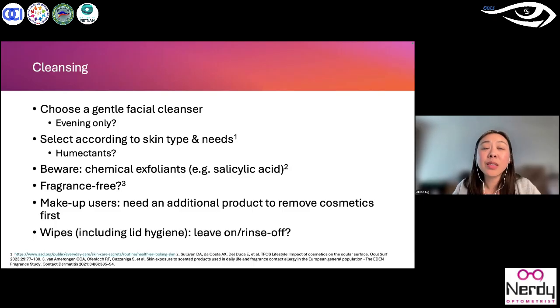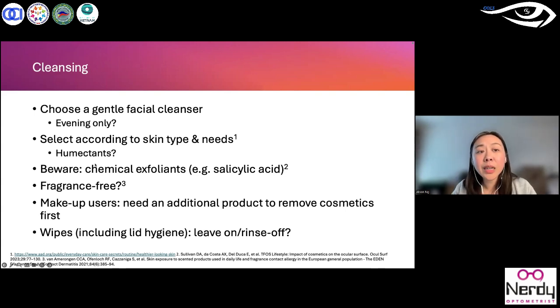So for some patients that are perhaps on some acne treatments, you might be asking them to really be careful when they're washing their face. So kind of making sure that they're not getting that cleanser onto the eyelids and onto the skin underneath the eyes as well, and keeping it away. And they're the people that might find using a cleansing cloth to be quite useful in terms of getting the drips away from the eye region.